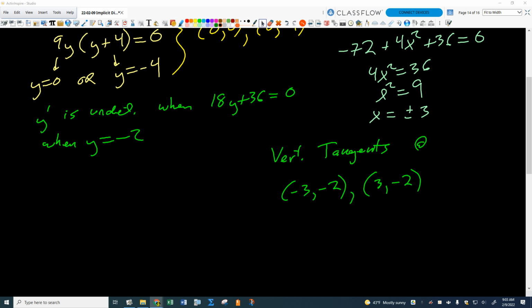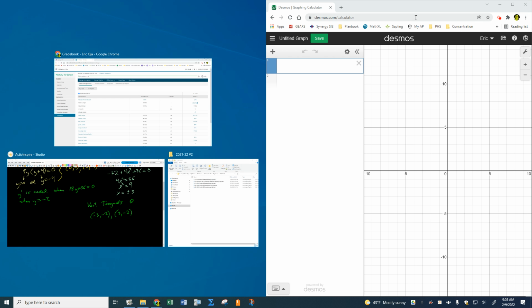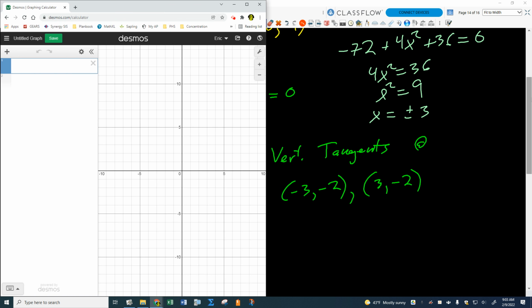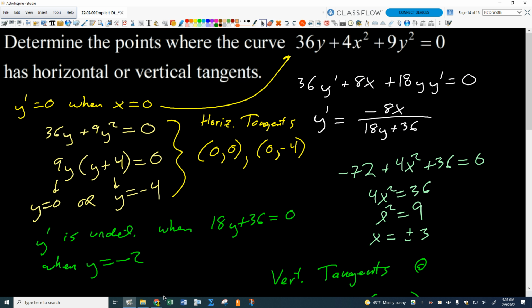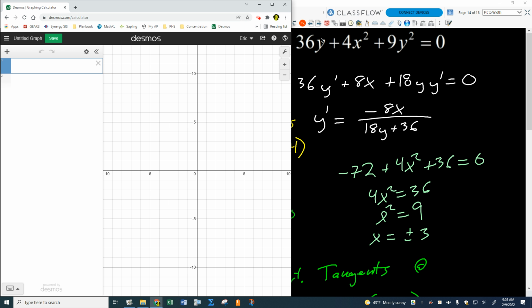One really nice thing about Desmos is you can graph non-functions, which is hard to do on a TI-84. So there's our curve that we're graphing. We just type it in just like that, 36y plus 4x squared plus 9y squared equals 0. Okay, so it gives us this ellipse.